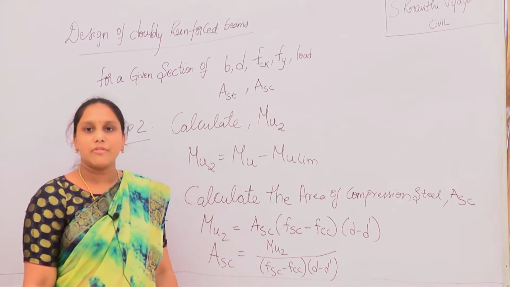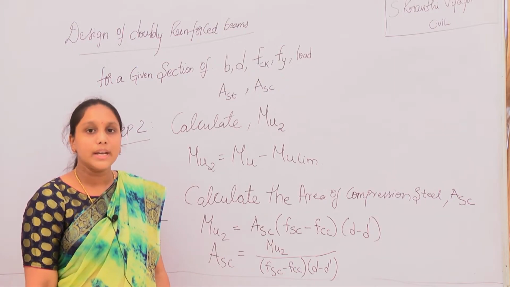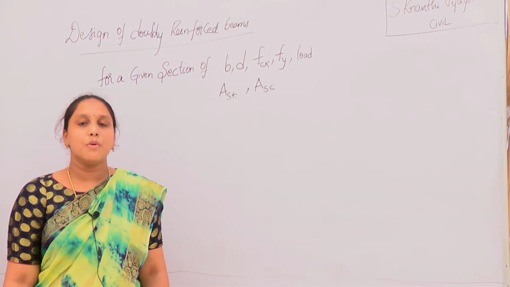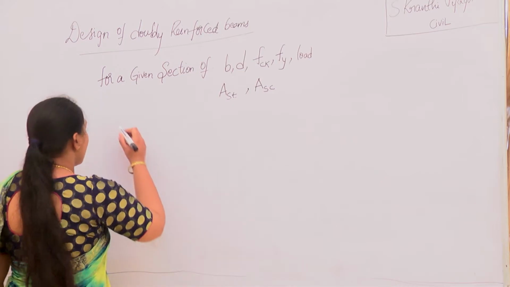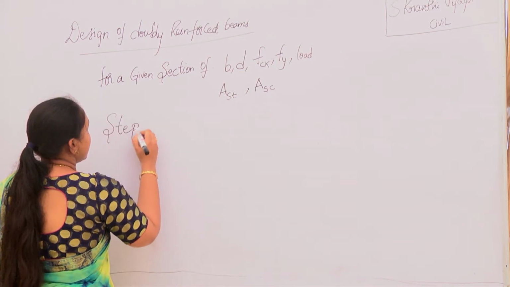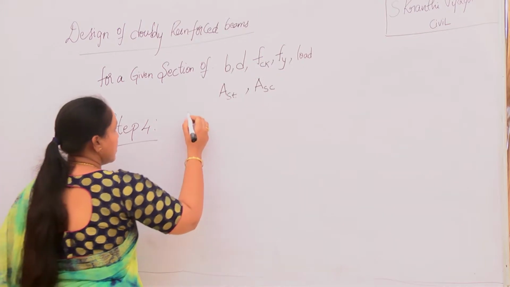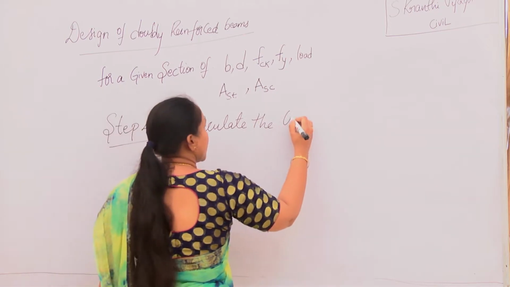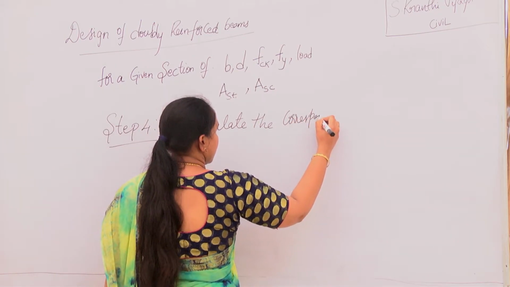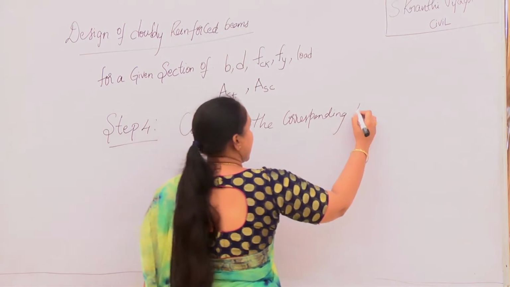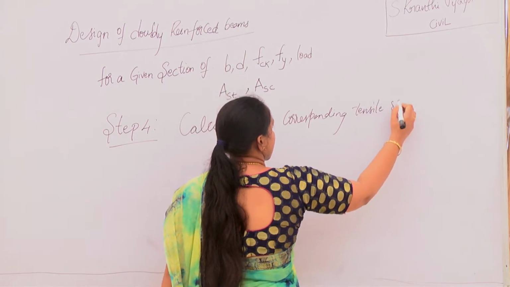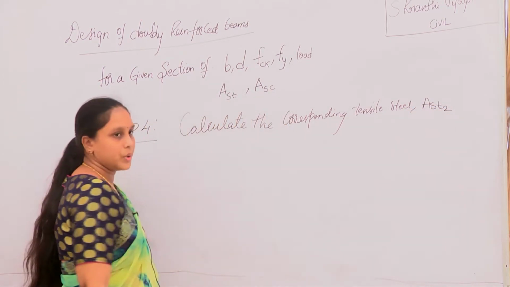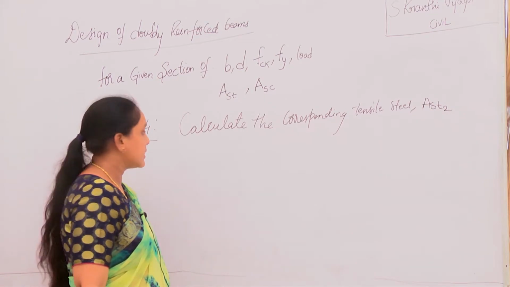So the next step, step 4, is to calculate the corresponding tensile steel, which is Ast2.